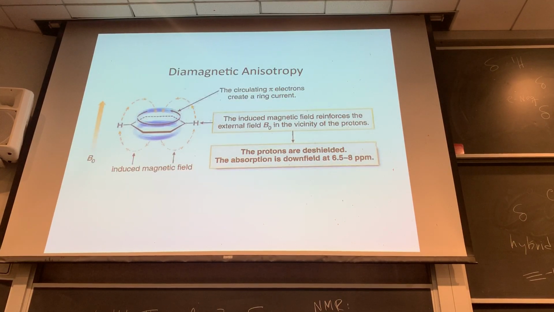Here's the diamagnetic anisotropy. If you can pronounce that, you get an A on the next test. No, I wish that was the case, but don't worry about that name. It just has to do with pi electrons can create these ring currents, and that has an electrical field. That's the light blue here. And then the toroidal thing, and this is all the way around, a complete 3D donut structure, or the dashed orange lines there.